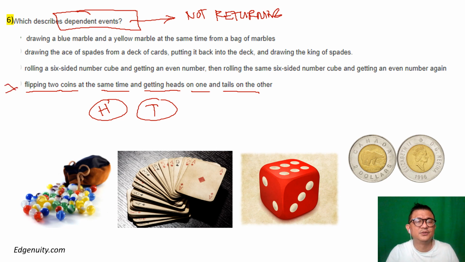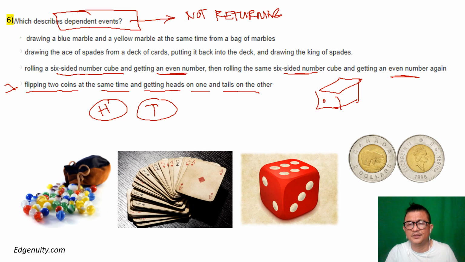So not that one. Rolling a six-sided number cube and getting an even number, then rolling the same number cube and getting an even number again. If you roll a dice after getting an even number, do you think if you roll it again, the even number won't be there? It's still going to be there. So not that. That is independent.